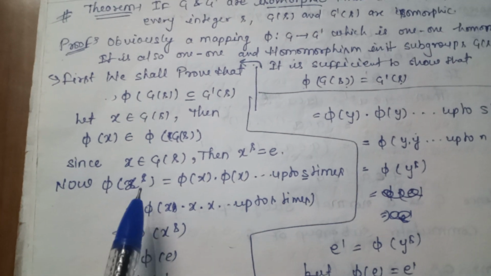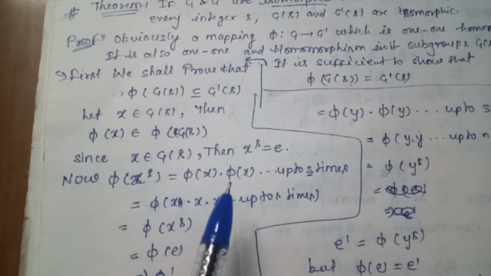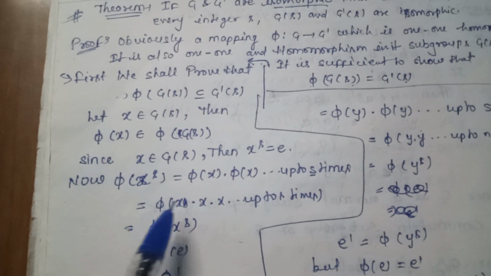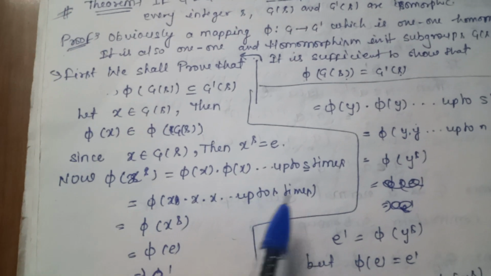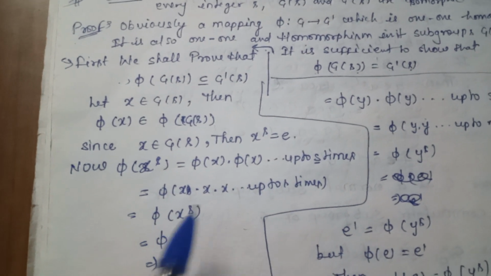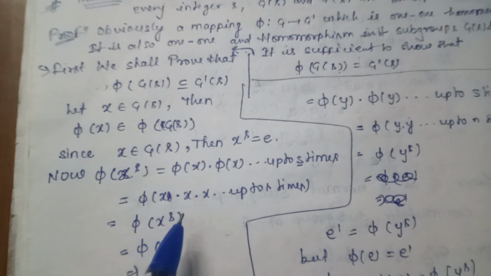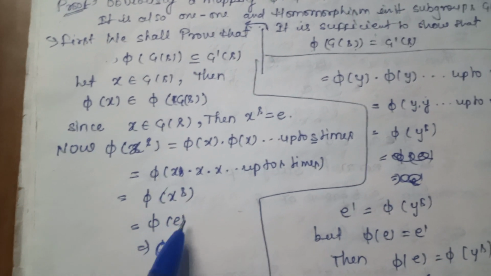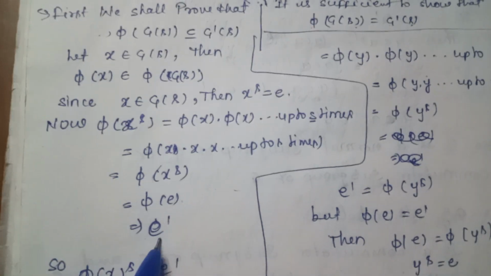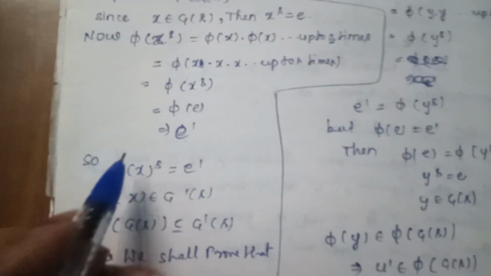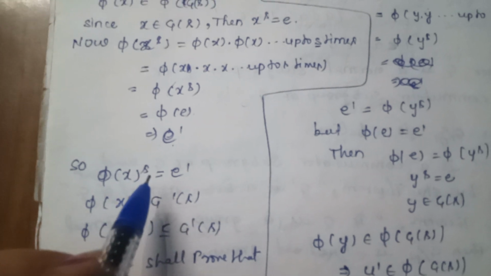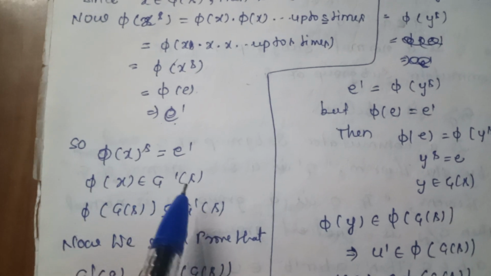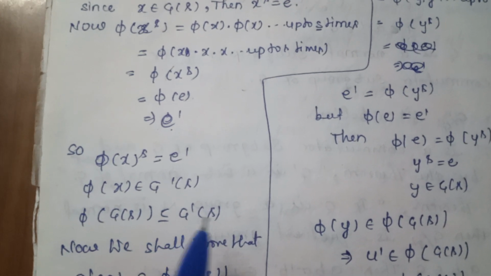Now phi(x to the power s) is equal to phi(x) dot phi(x) up to s times, so it can be written as phi(x dot x dot x up to s times), and it can be written as phi(x) to the power s. So in place of x to the power s we will write e, so phi(e) is equal to e dash. So phi(x) to the power s is equal to e dash, so phi(x) belongs to G dash_s. Phi(G_s) is a subset of G dash_s.